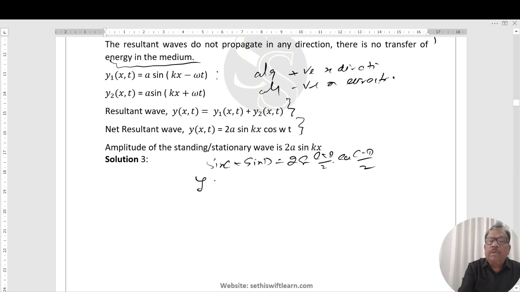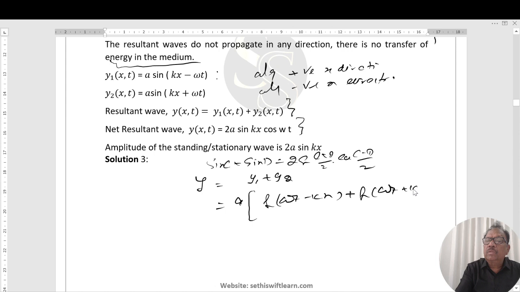Now the resultant will be y equals y1 plus y2, taking A common: sin of (omega t minus kx) plus sin of (omega t plus kx).